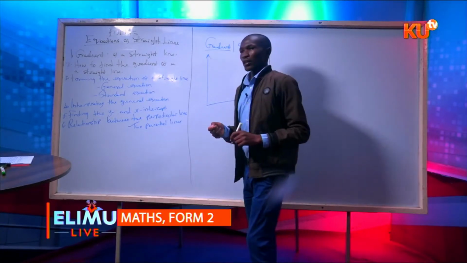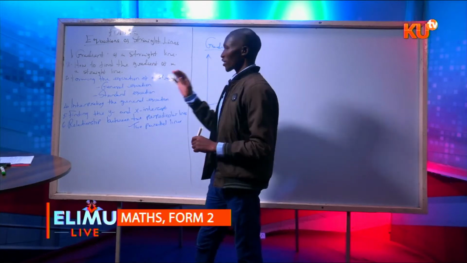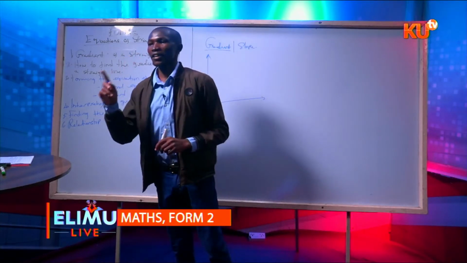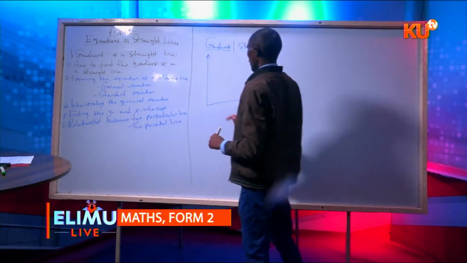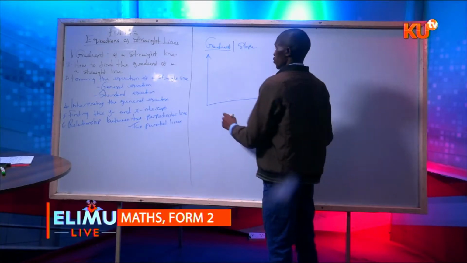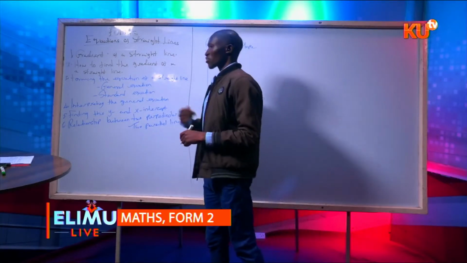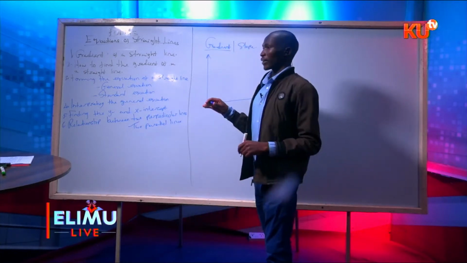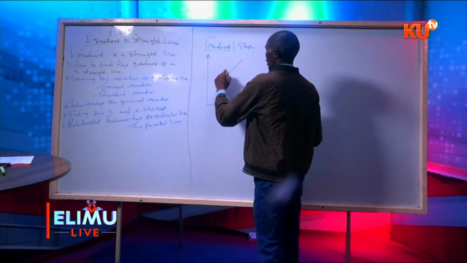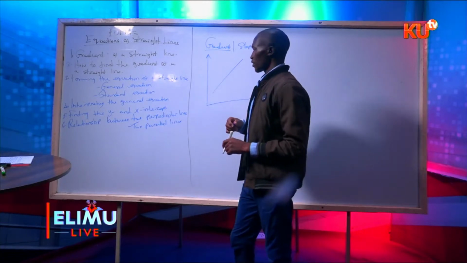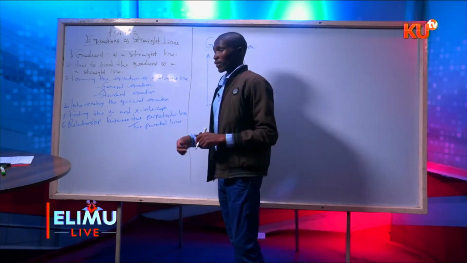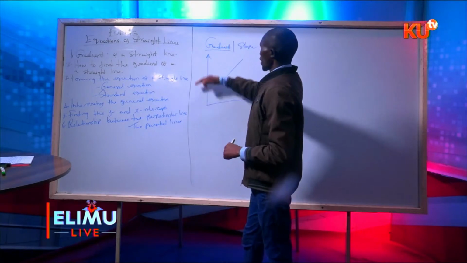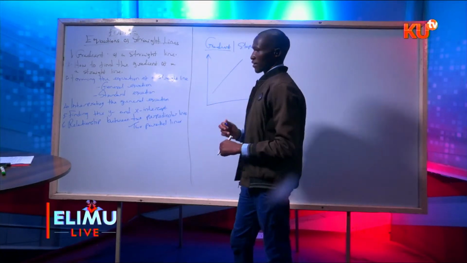In this topic, we'll focus much on the y and the x-axis. This is what we are going to use when finding the gradient, finding the proportion in the change in the y against the x-axis.